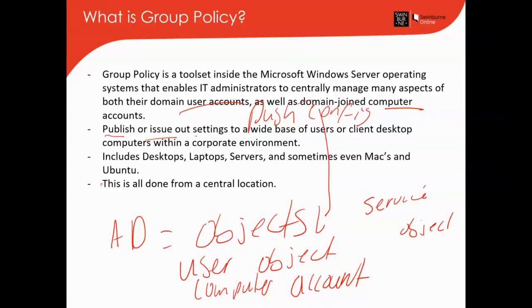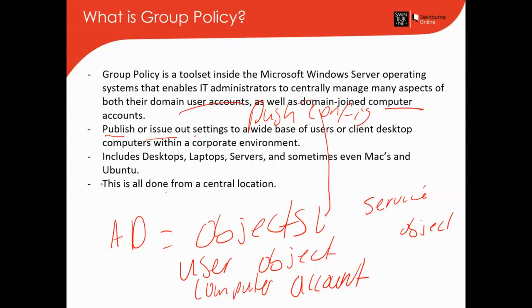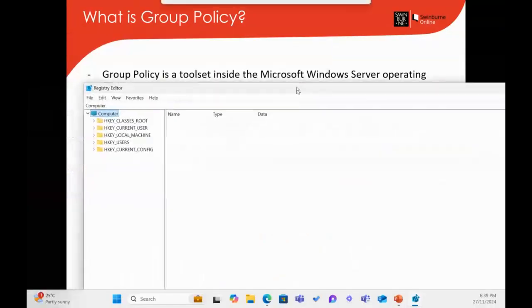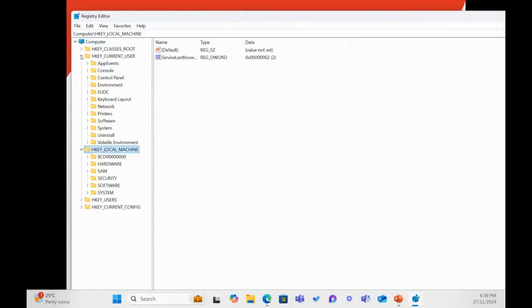And what type of settings? Pretty much Windows 10, 11, Windows 7, everything you can think of. Anything that's in the registry edit. Let me show you. And no one will tell you this, but you guys are smart, so I know that you can handle this. If I go to my registry editor, notice I've got a registry editor for local machine, current user.